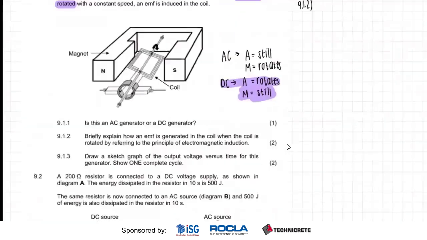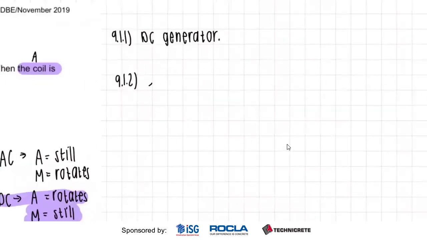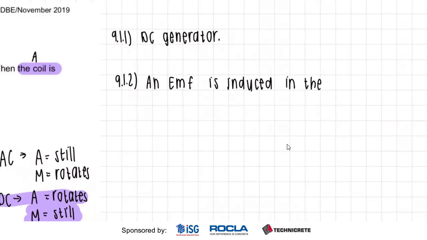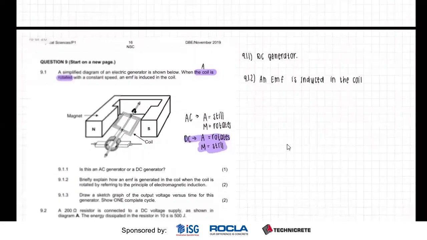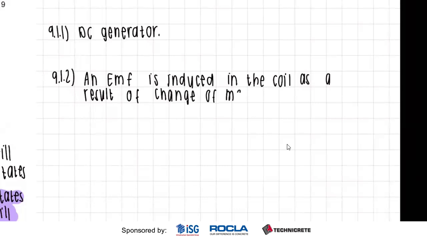Using the principle of electromagnetic induction to explain how an EMF is generated in the coil when the coil is rotated, we can say an EMF is induced in the coil as a result of change of magnetic flux linked with the coil.